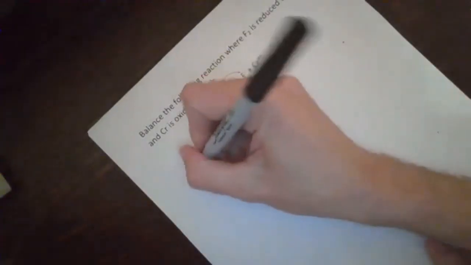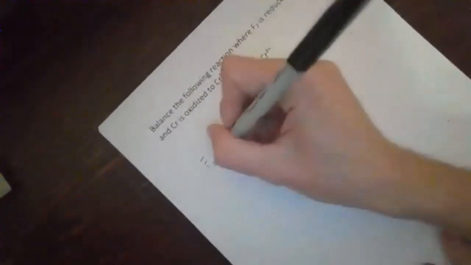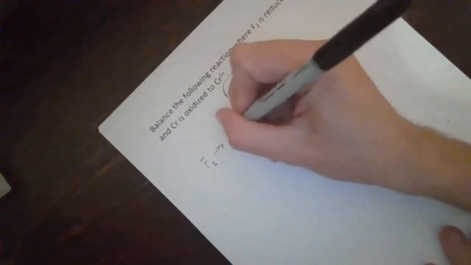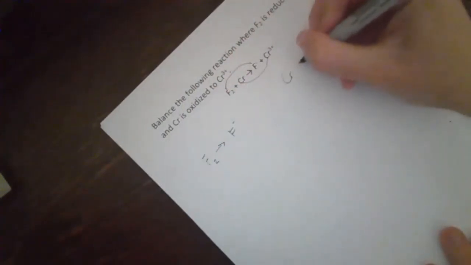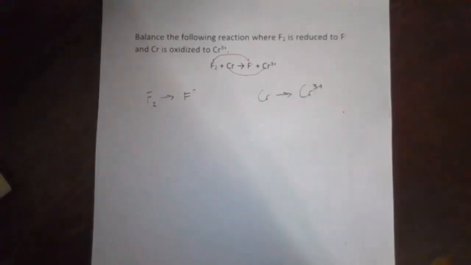So that means we're going to have F2 becoming F-, and we're going to have Cr becoming Cr3+. And this is the start of where we want to begin: peel off those 2 half reactions.